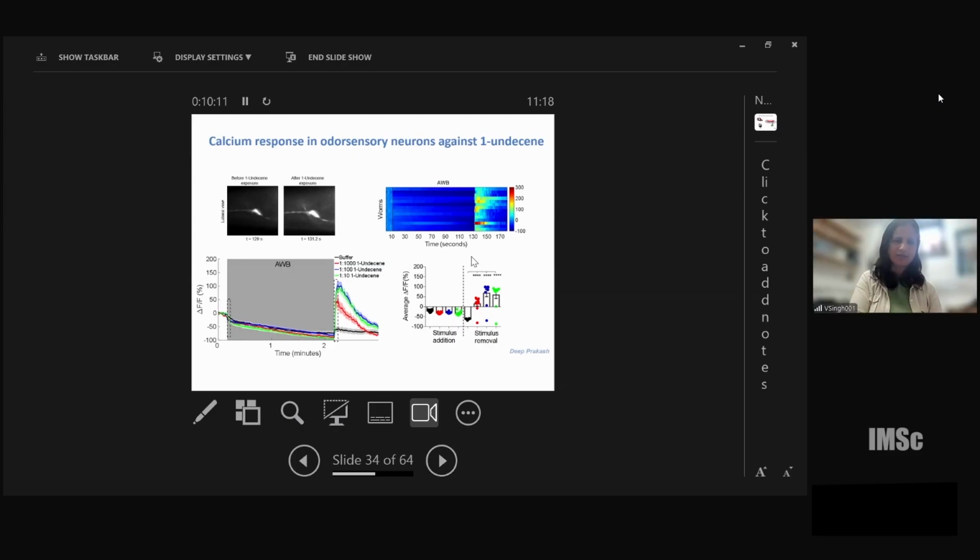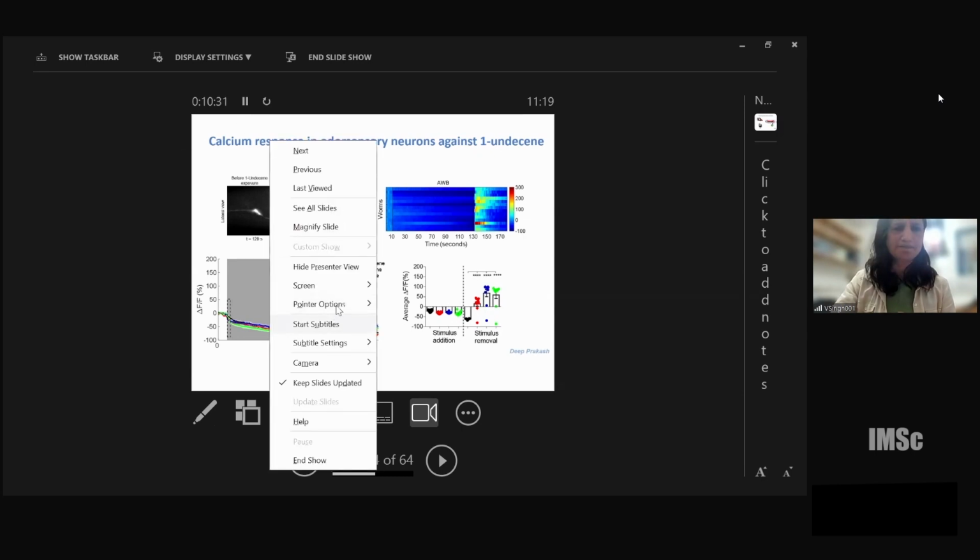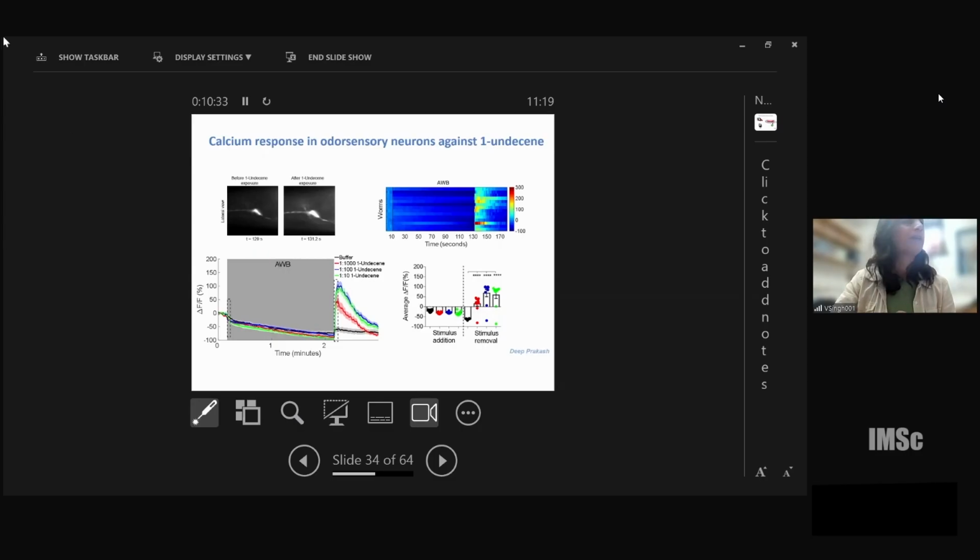To confirm that this was indeed true, Deep had to establish what is called an assay that you would have come across probably in talks from Abhishek or in other neuroscience talks, probably from other organisms. This is where you look at signaling downstream of a G protein coupled receptor in the neuron. So what you see here is the soma of the AWB olfactory neuron, and this is expressing a molecule called GCaMP.